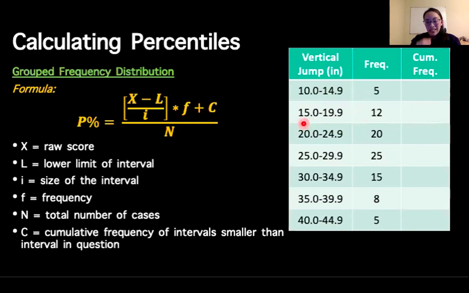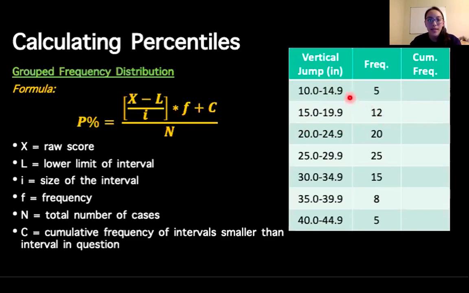But this isn't always an ideal way to set stuff up, because what if somebody had a jump height of 14.95? Where did they go?